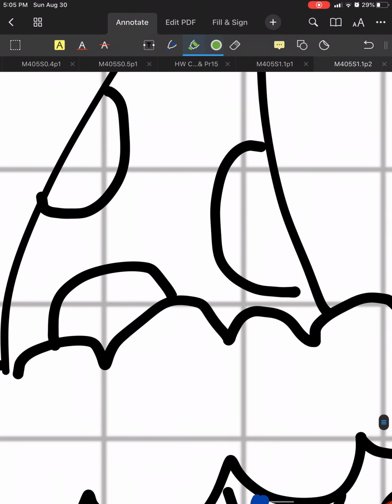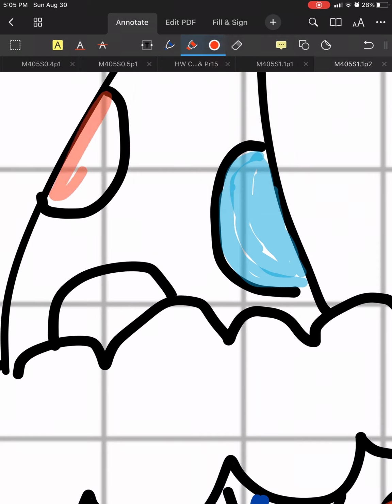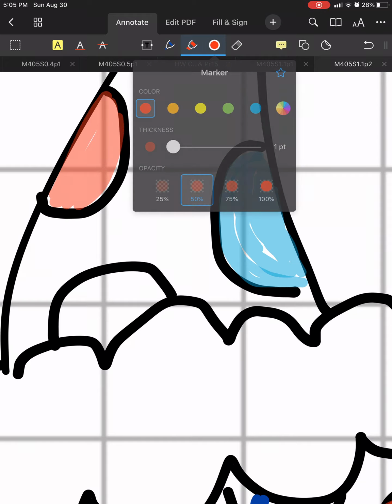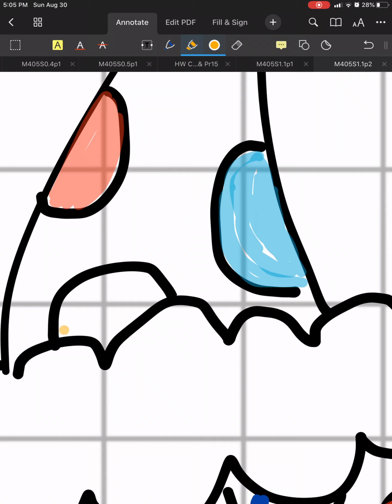And I might actually have to do those in different colors. Blue, pink. Might actually fix the one down there below. Let's see, orange.